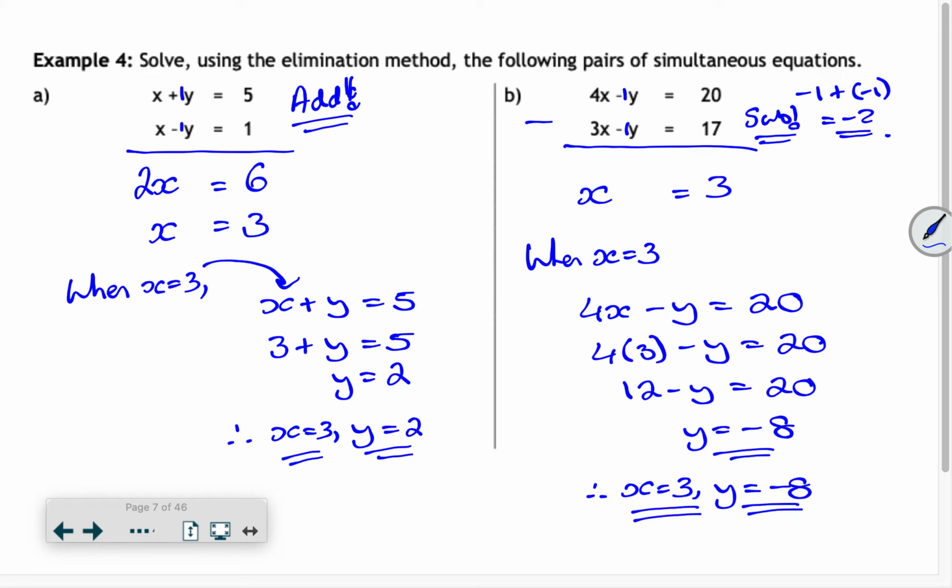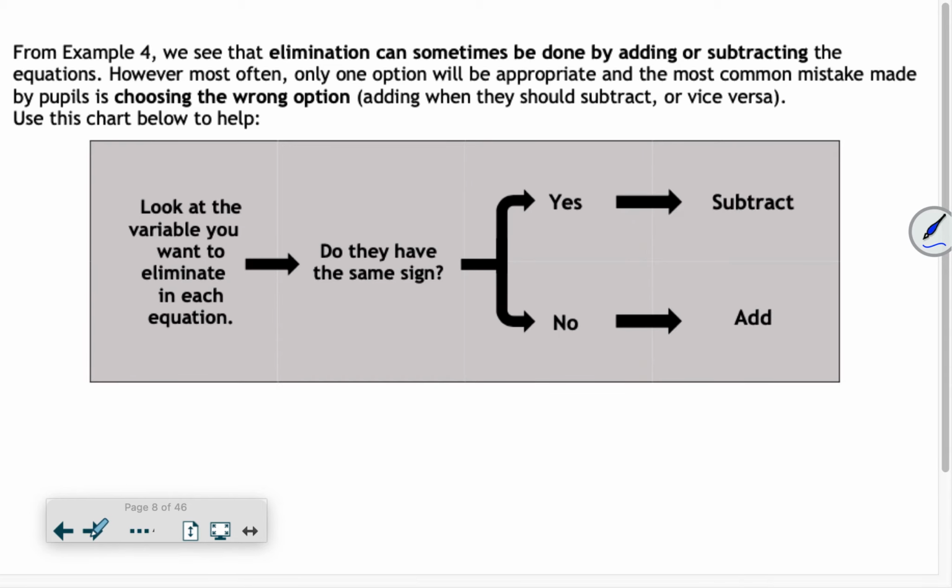We're going to go through a lot of the same type of example here, and there will be subtle differences as we go through it. But this next diagram really shows you the best way to approach simultaneous equations. So in that example there, we saw that the elimination method can sometimes be done either by adding or subtracting the equations.